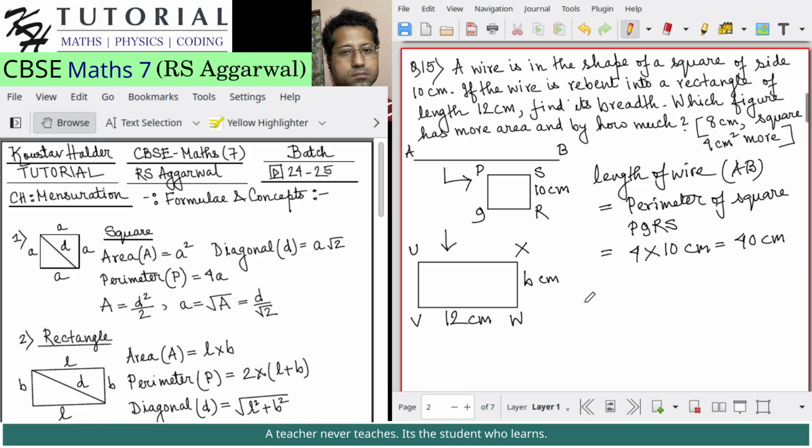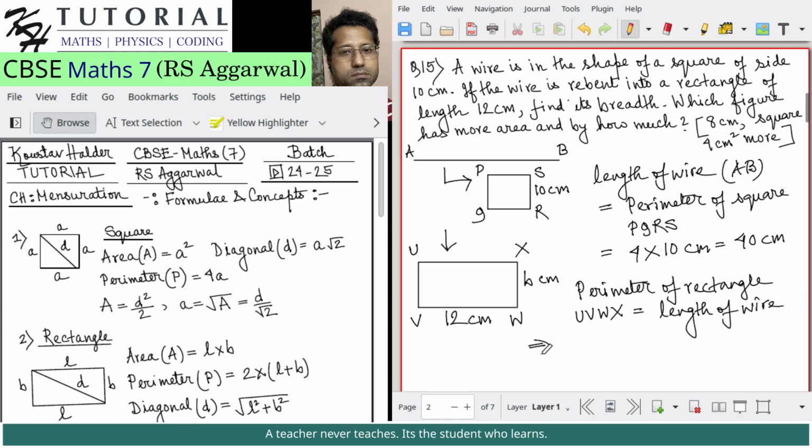Okay. Now since the same wire has been rebent into a rectangle, the perimeter of the rectangle will be equal to the length of the wire. So perimeter of rectangle UVWX is equal to length of wire.